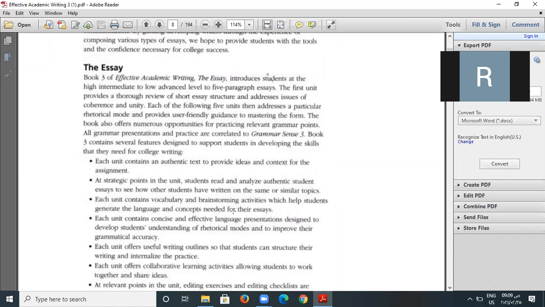In addition, each unit offers collaborative learning activities, allowing students to work together and share ideas.